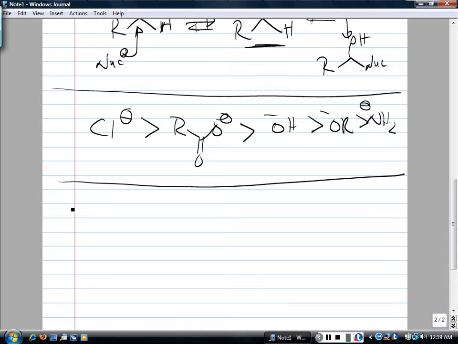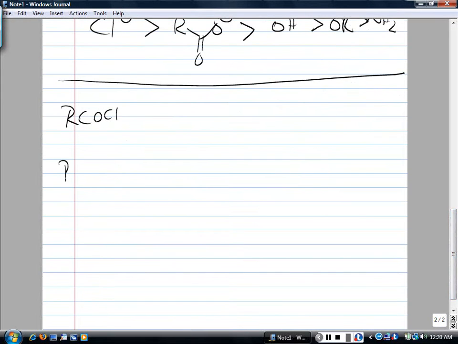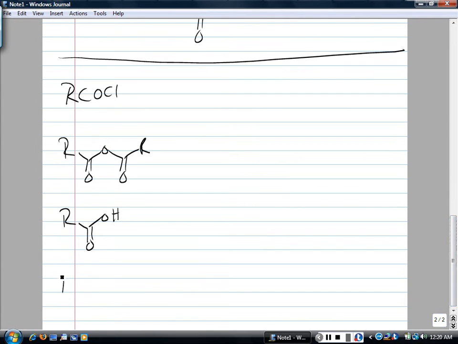So, for example, let's say I have RCOCl, and then I have the anhydride, then I have the acid, which we'll have to talk about a little bit because there's some funny things with the acid. I have the ester, and then I have the amide. Well, I have to put it here.